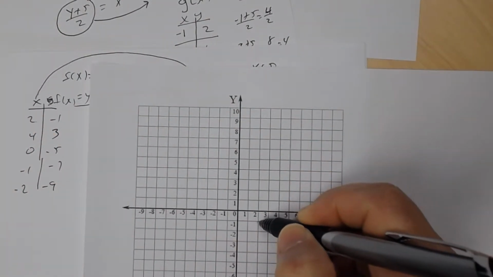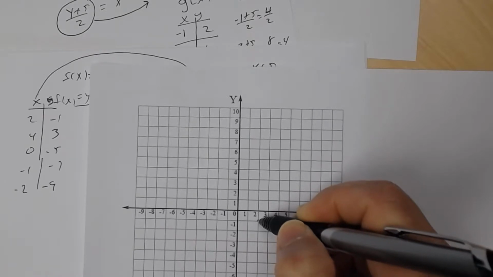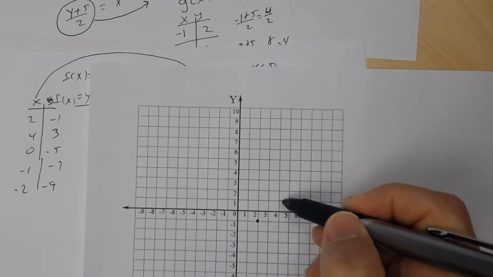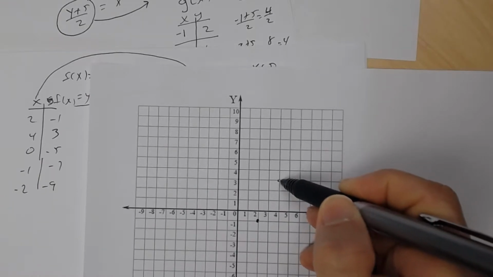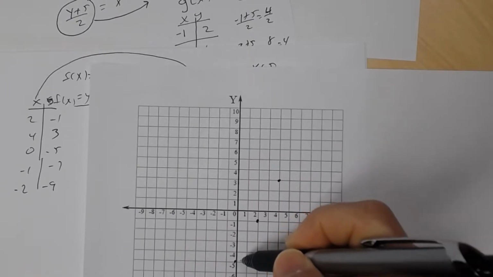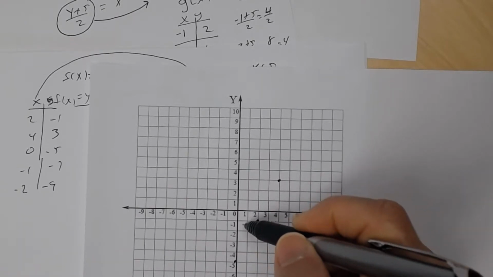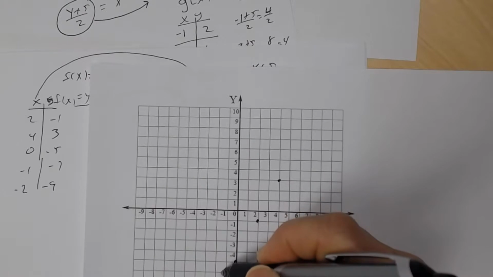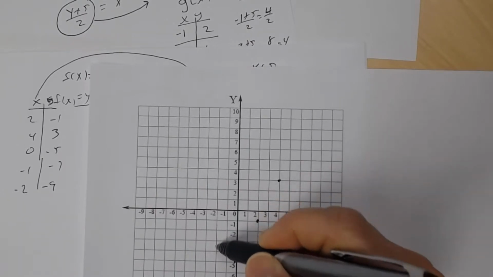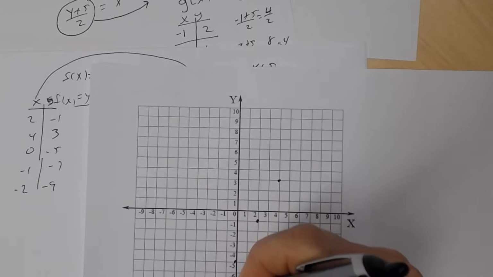So 2, negative 1 is right here. This 4, 3 is right here. 0, negative 5 is right here. Negative 1, negative 7 is right here. And negative 2, negative 9 is right here.